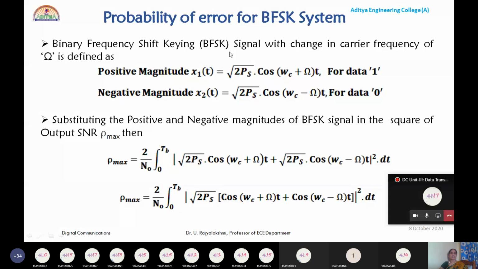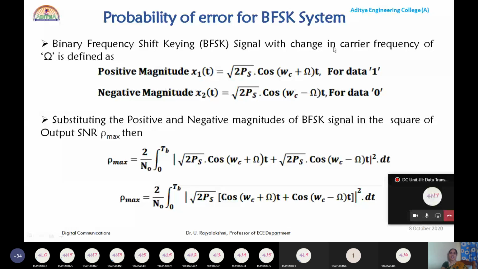So positive signal. That's why we are going to define the positive magnitude signal and negative magnitude signal. Positive magnitude represents the modulated BFSK signal for data bit 1, and for data bit 0 we define the negative magnitude. But actually here we don't get negative magnitude.